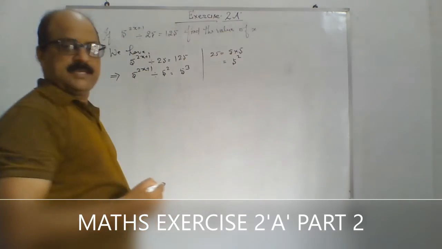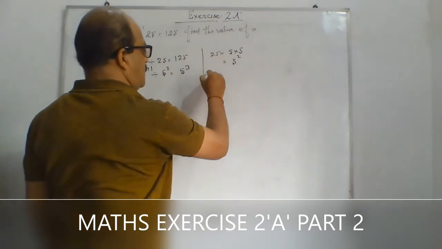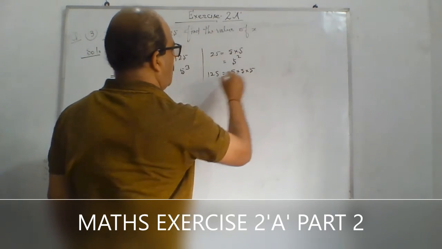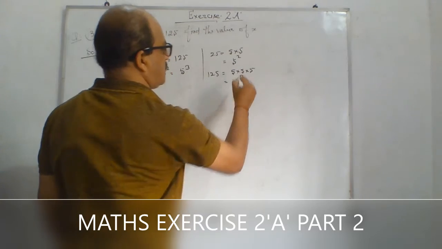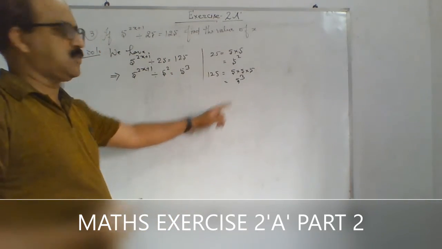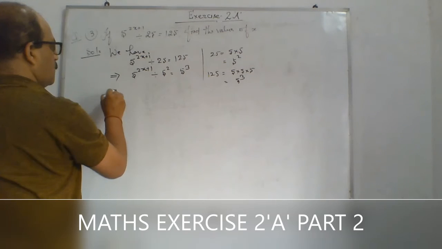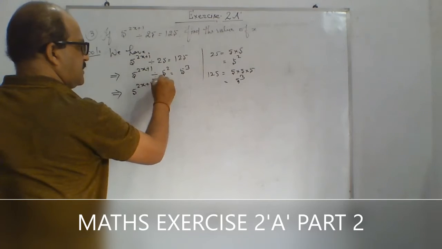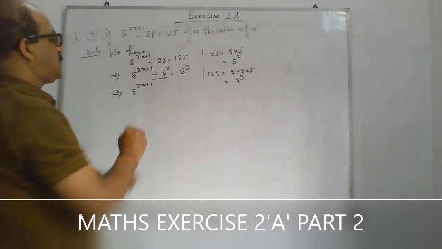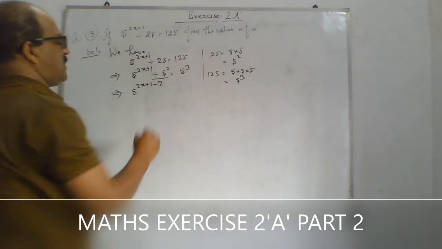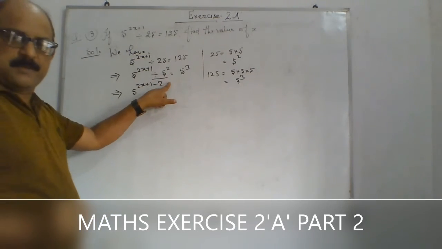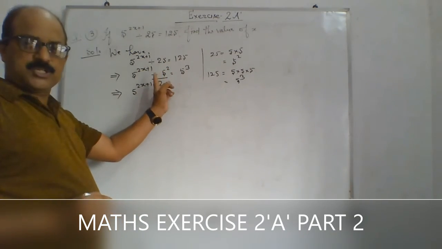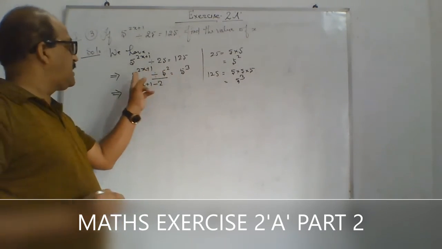I may write it in this way. Again, in 125, the prime factorization of 25 is 5 to the power 2, and thus we write so. 5^(2x+1) divided by 5^2, 5 becomes the base and 2 is subtracted in this equation.